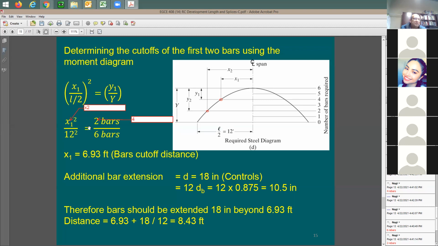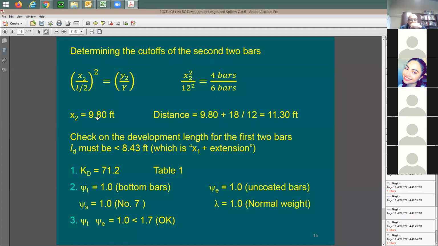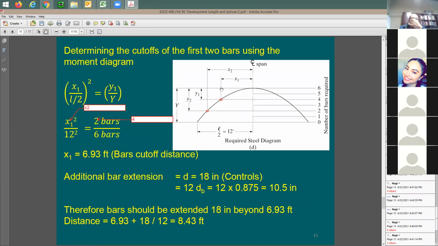How much is this x2 in this case? 9.8, great. Right, thank you. Here it is, 9.8. So this distance here is going to be 9.8.